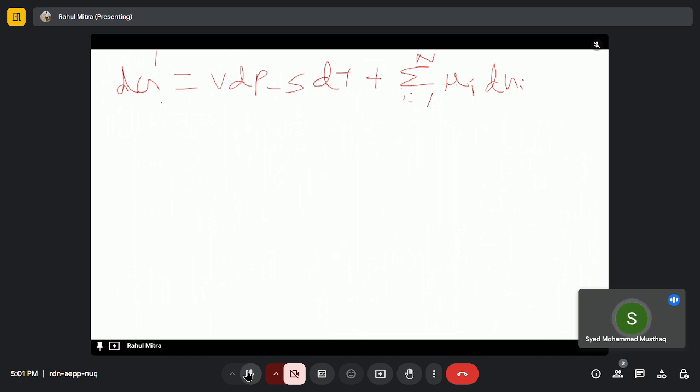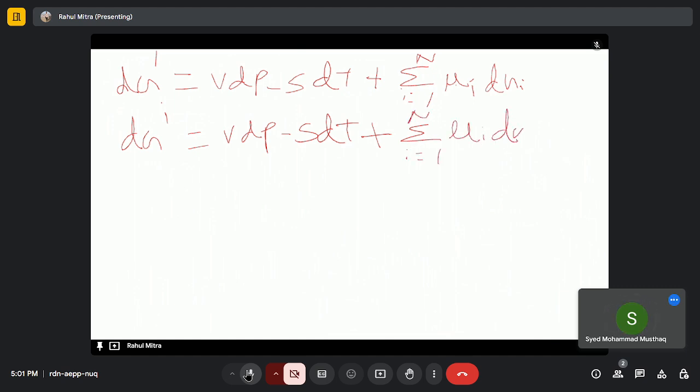Now, what will happen if I write it for a nanoparticle or a very small sized phase? Then the surface energy terms come in. How do you write the surface energy term? That will be equal to VdP minus SdT plus the sum over i equals 1 to m of mu i dni. The extra term that comes in will be the sum over i equals 1 to m of gamma i dni.